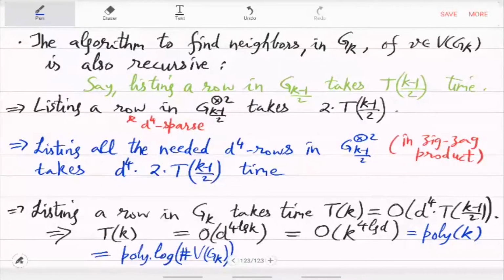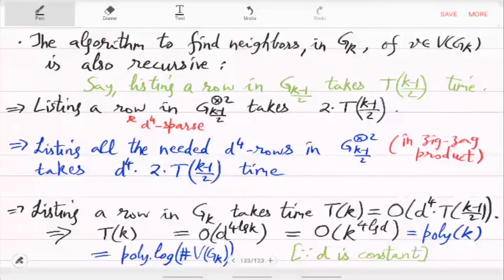So in terms of the number of vertices, this is polylog. The time complexity is polylog, and you can list a row that you want, and the row will have few entries, so you can. So this is how it's proved.